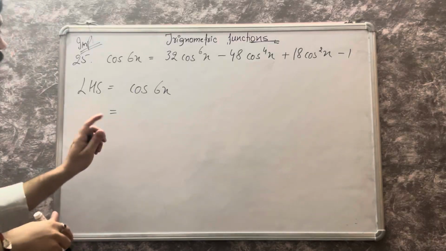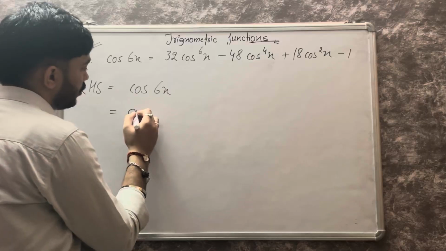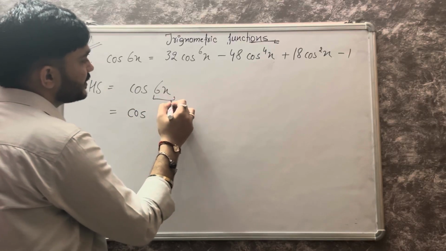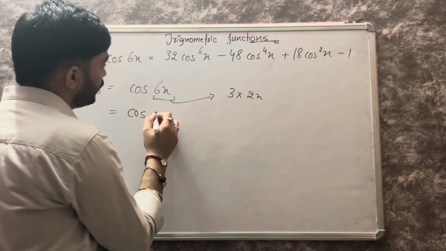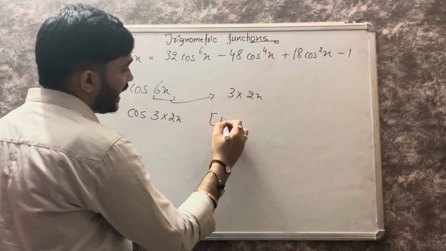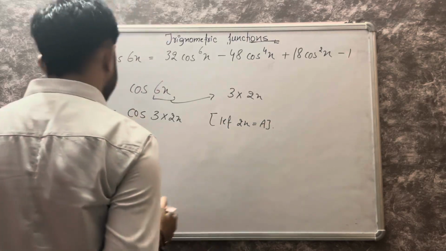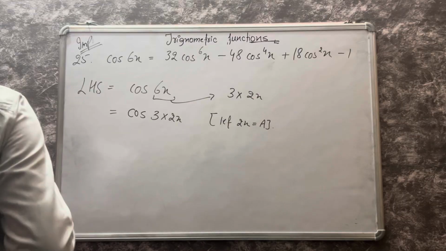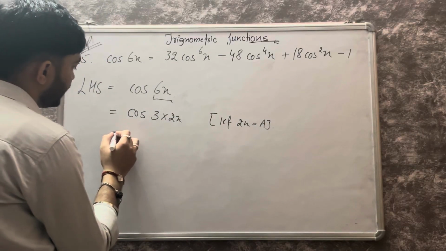We are going to use the dummy variable here too. So what will we get? Cos of, how can we write 6x? We can write it as 3 into 2x. Let 2x be equal to a here. So what will we get?